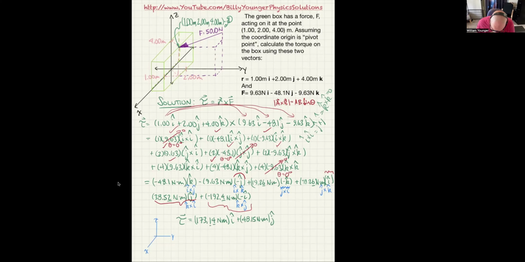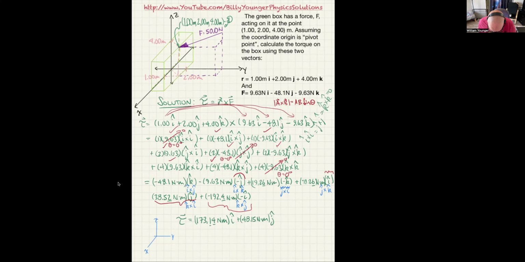Now all I've got to do is get the last two terms, which are the k terms, and this one gives me a negative 19.26 and another negative 48.1. So they're both the same sign, so they're really just being added in this case.